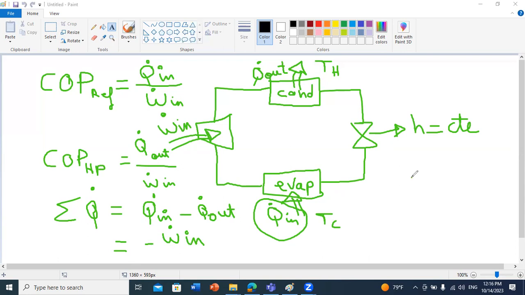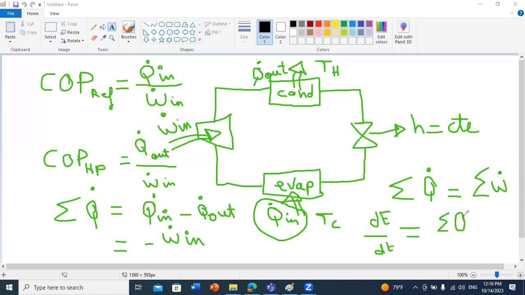If you take the convention sum of Q dot equals sum of W dot, when you write this, you consider that the work is positive when produced by the system. Because what is the main equation? dE by dt, the storage of energy, is equal to the sum of Q dot minus the sum of W dot.